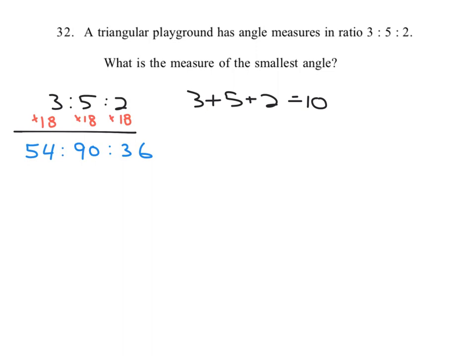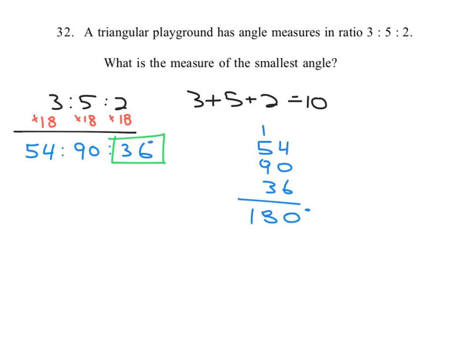As you can see, 54 plus 90 plus 36 sums up to 180 degrees, what we need in the triangle. Now, which one do they want to know? They want the measure of the smallest angle, and the smallest angle of those 3 is 36. So 36 degrees is the smallest.